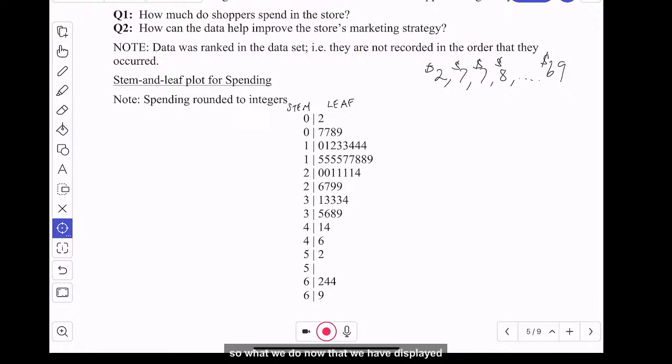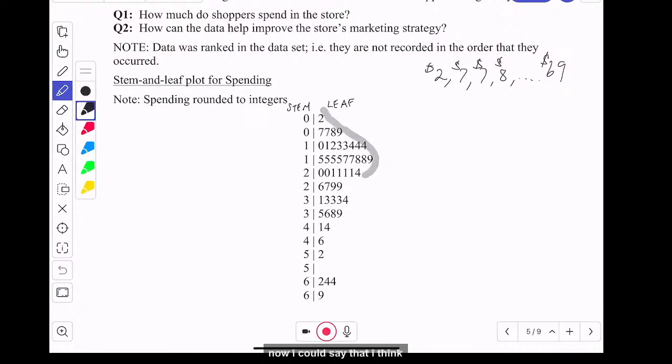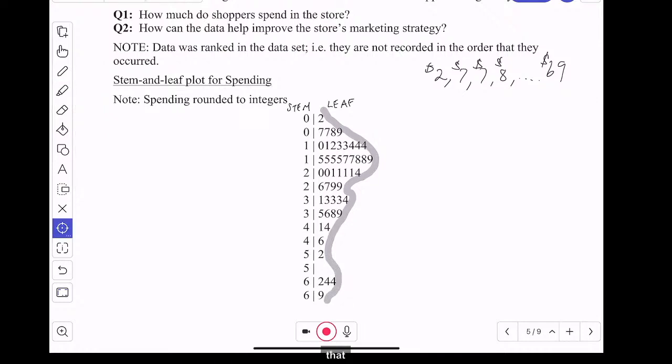So what we do now that we have displayed the data is we need to summarize it. And we begin summarizing by smoothing out this curve here. Now I could say that I think that if I had more data, I believe there will still appear 3 groups of shoppers.